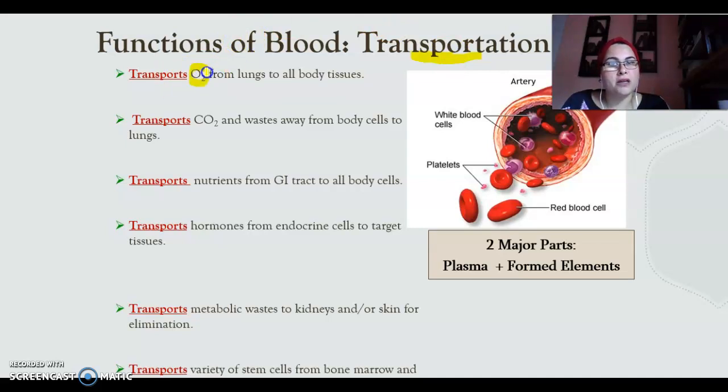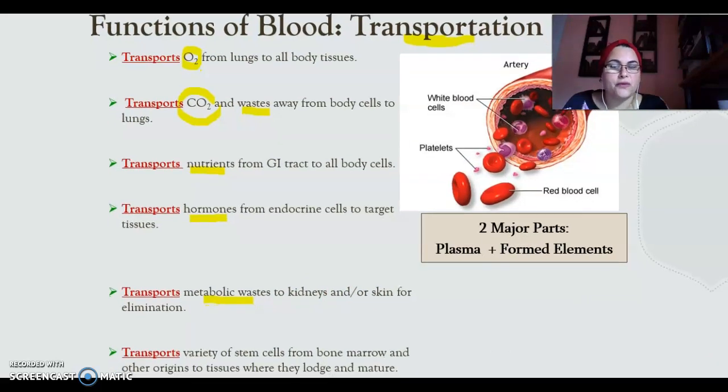Transports oxygen from lungs to all body tissues, transports carbon dioxide and waste products the opposite way from the body cells to the lungs to get rid of, transports nutrients from the gastrointestinal tract to all body cells, transports hormones from the endocrine cells to the target tissues to do their actions, transports metabolic waste to the kidneys or to the skin for elimination, and transports a variety of cells from bone marrow and other tissues where they lodge and mature.